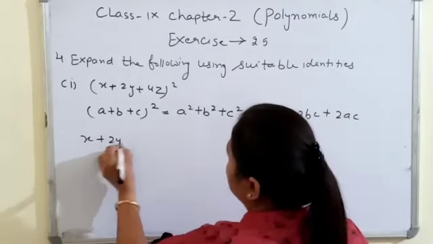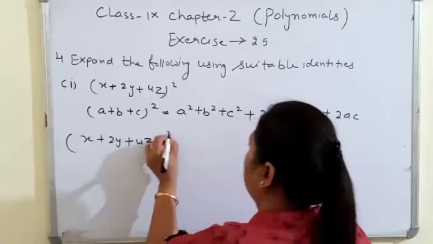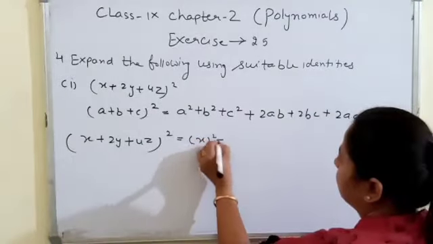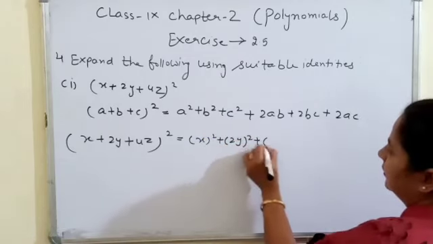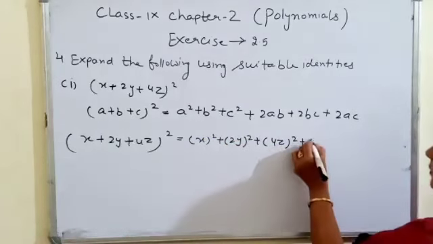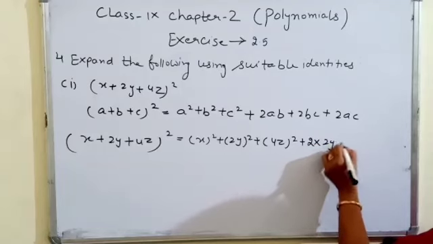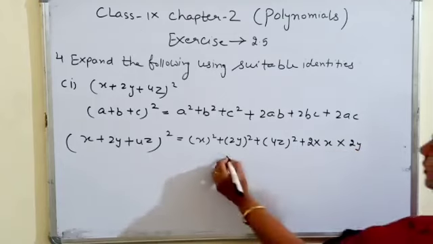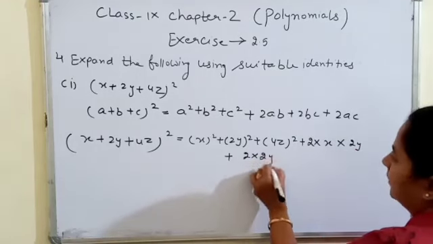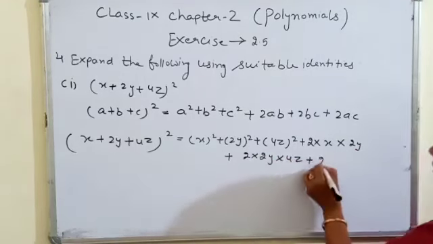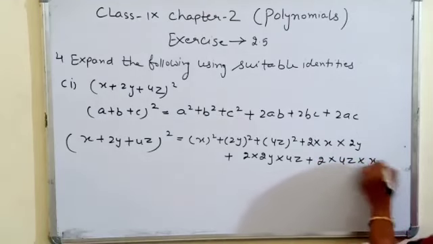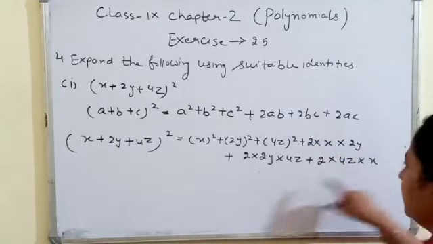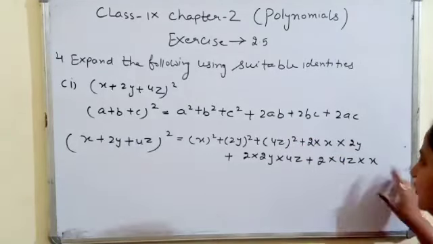Now let's apply the same identity with these variables: a square plus b square plus c square plus 2ab plus 2bc plus 2ca.